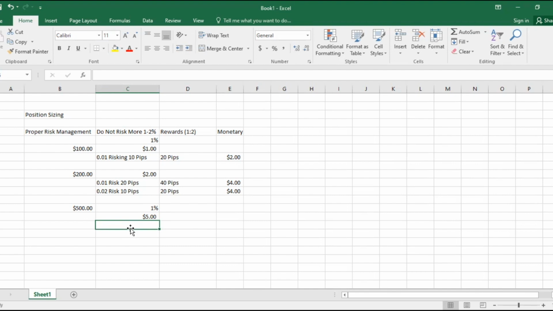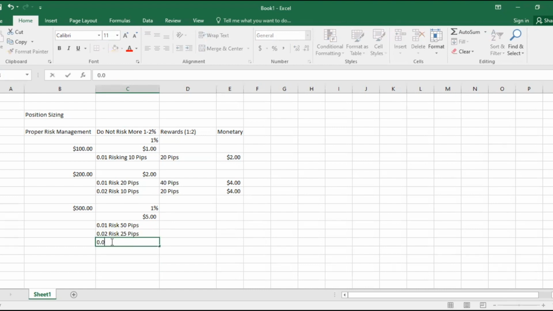Here you can have different options, depending on how your account is. The first option, maybe 0.01: you can risk 50 pips. If your strategy has a huge pip stop, you can also do 0.02, and here you'll be risking let's say 25 pips.